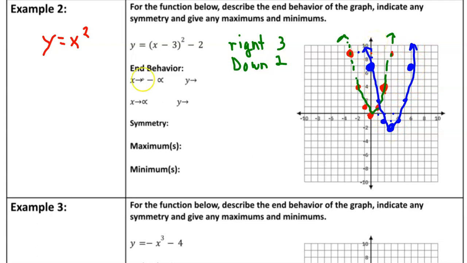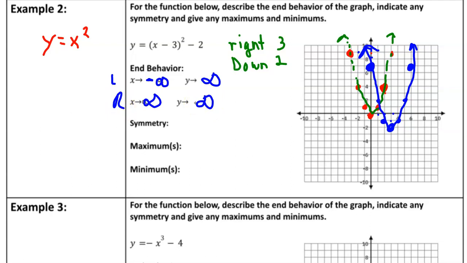So as x on the left side approaches negative infinity, y is going up over here, so it's going towards positive infinity. On the right side, x is going towards positive infinity, and y is also going to positive infinity.